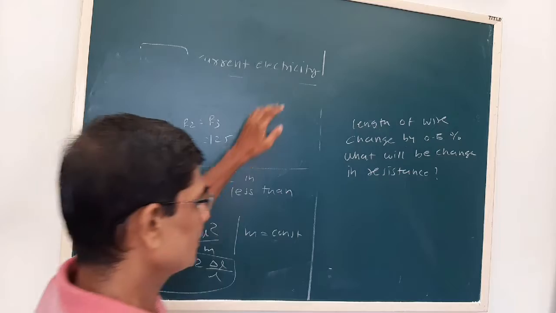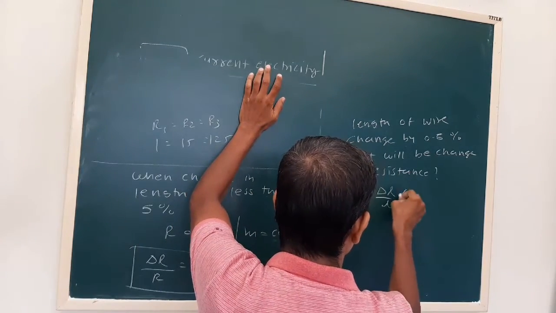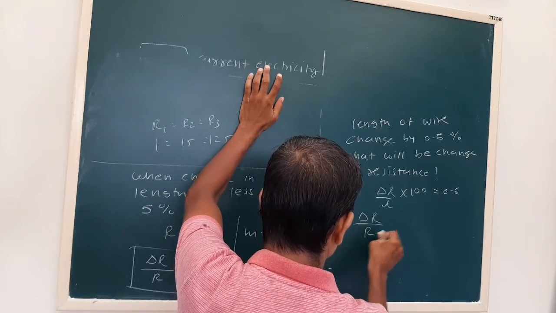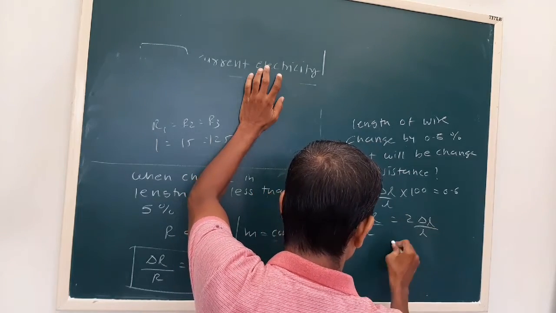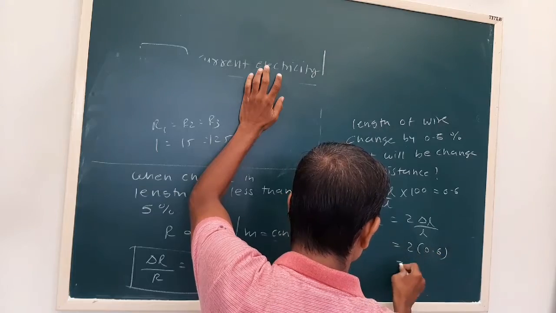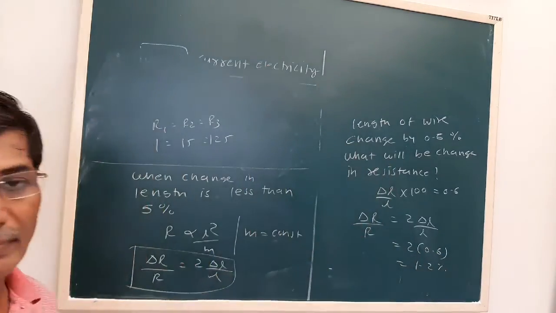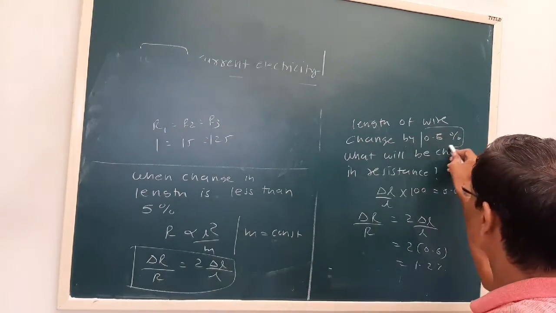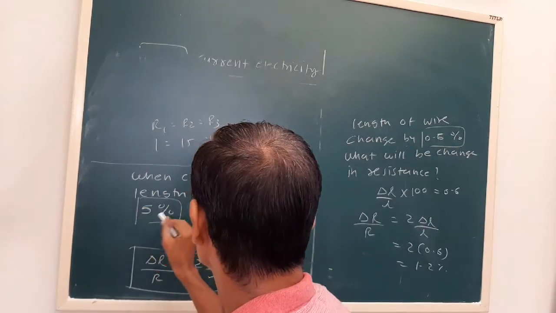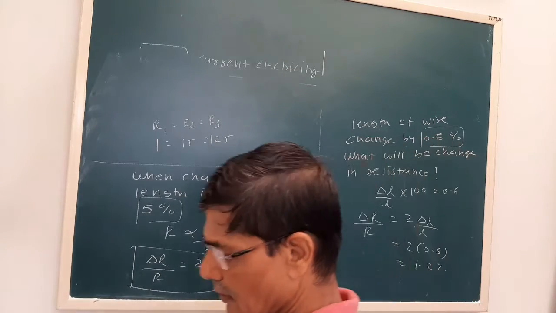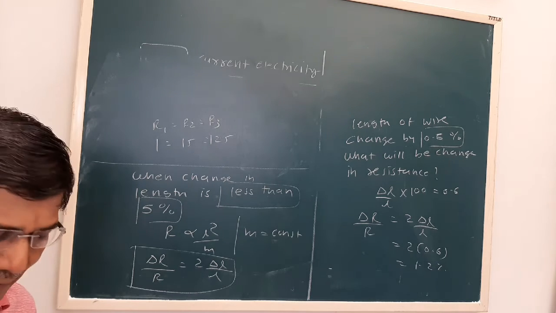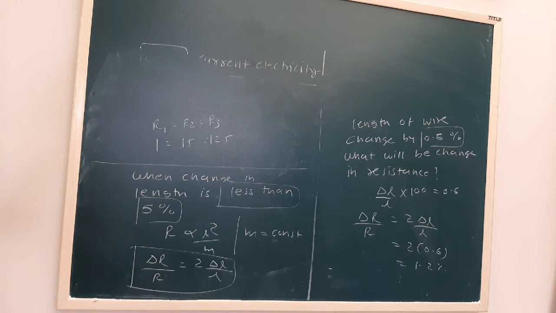Here the change is given as delta L by L, so delta R by R. Remember, this method is valid only when the change in length is less than 5%. This is a thumb rule we have to follow. This we obtain by using the formula we saw just now.